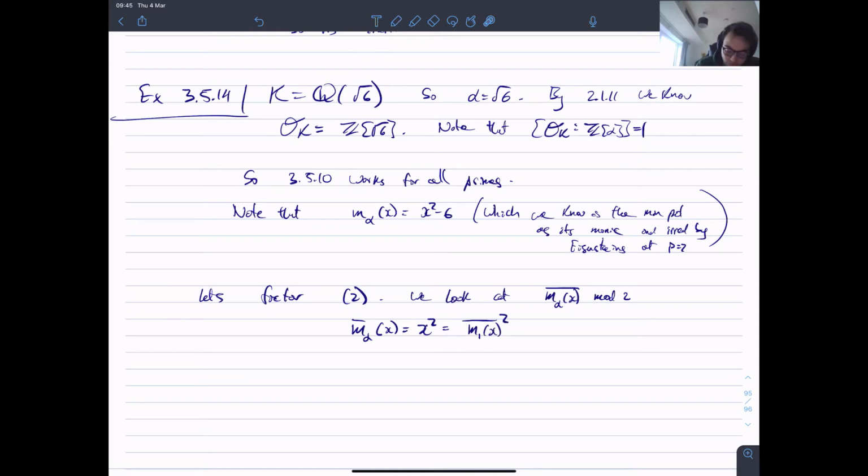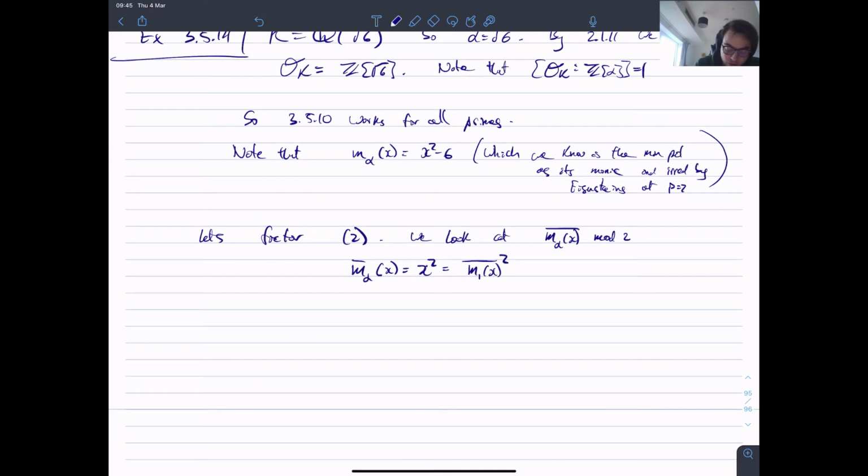I need my factorization into distinct irreducibles, so it's this thing here. There's only one of them on the right hand side. So mod 2, the prime that I want to factor, my polynomial just looks like x squared. Now the next bit of the theorem is I need to find a polynomial in Z which reduces to x squared mod 2.